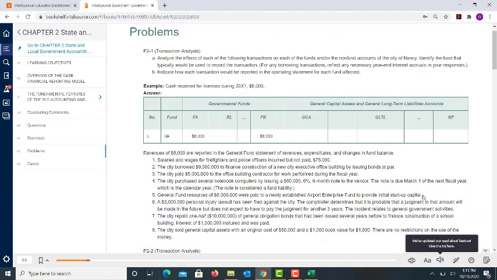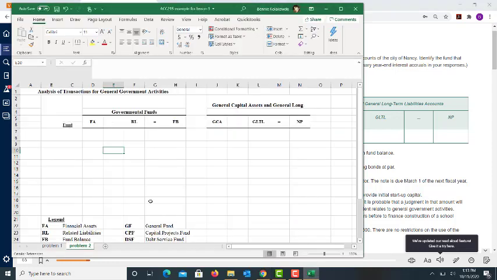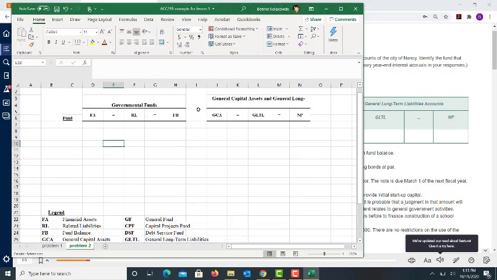So the second problem in this assignment is similar to problem 2-1 in chapter 2. You will need to create on another tab on your Excel spreadsheet the same exact format. I made it easier and I put a legend at the bottom so I wouldn't forget what these letters stand for.